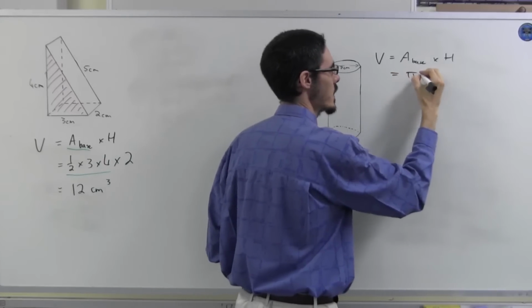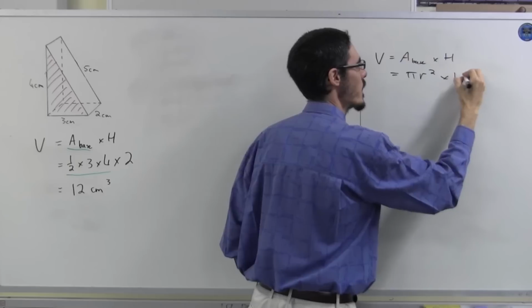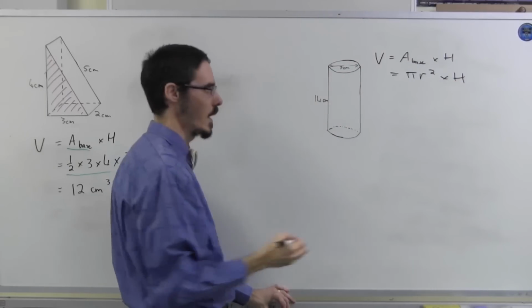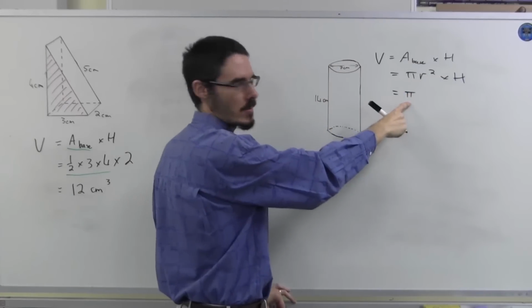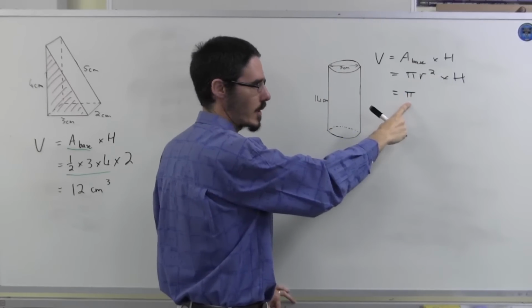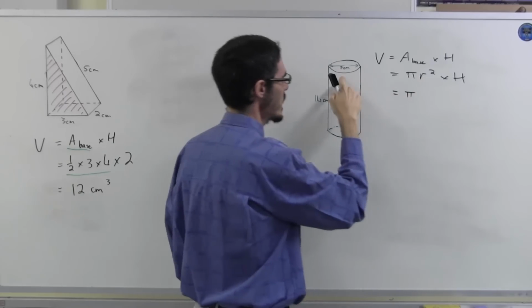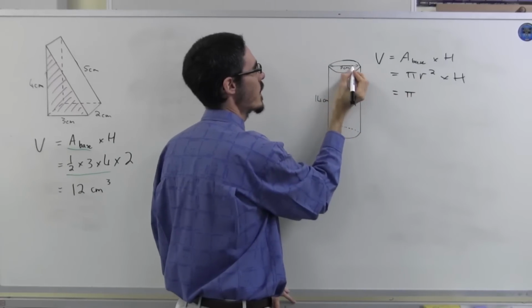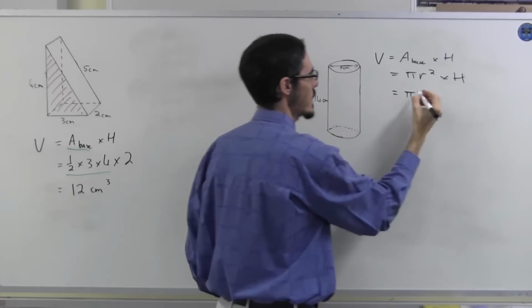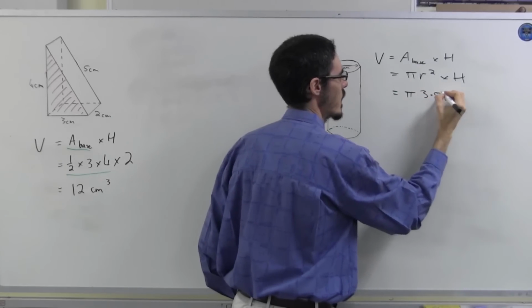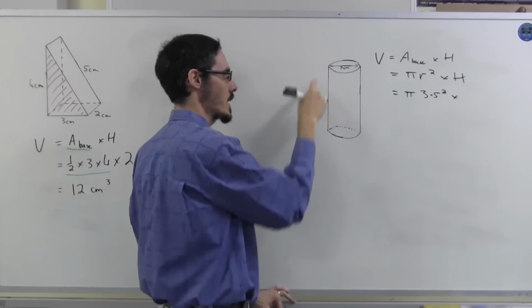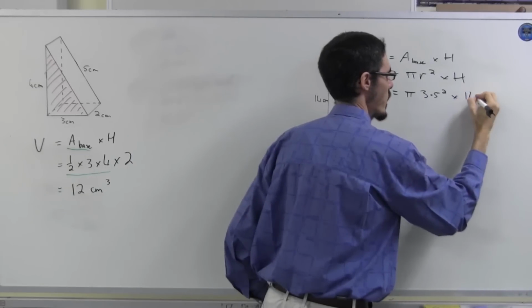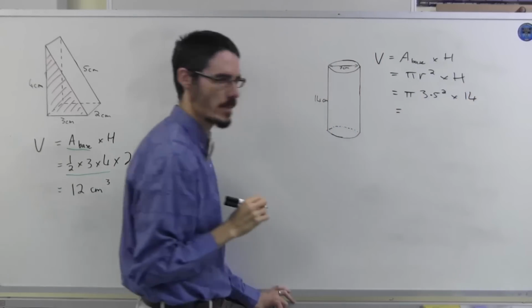And the area of a circle is pi r squared. Okay, use pi on your calculator, don't replace it with 3.14. Radius, well this is the diameter, so the radius is half of that, squared, and the height of the prism is the height of the cylinder, 14 centimetres.